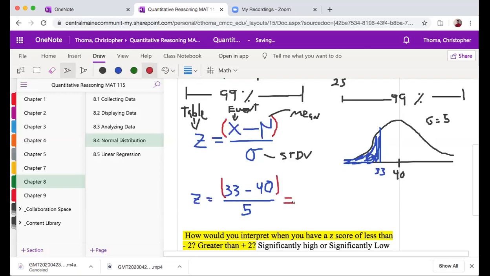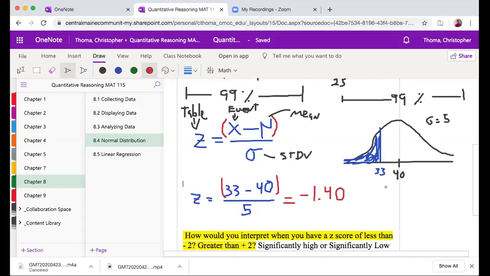And then I go to my calculator: parentheses, 33 minus 40, close parentheses, divided by 5, enter, and I get negative 1.4. So that is a Z-score. And for a Z-score, I need 2 decimal places. So since there's no number there, I will just add a 0.